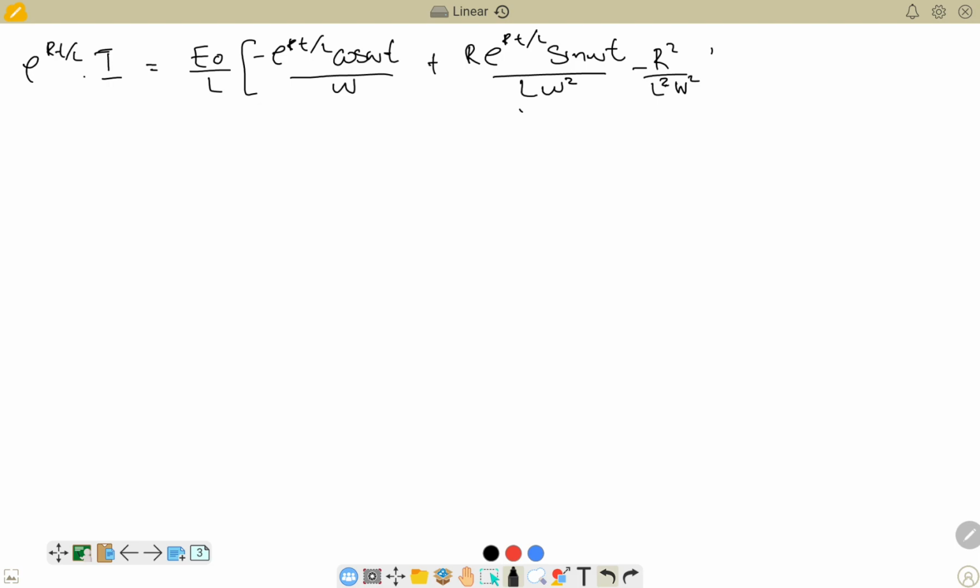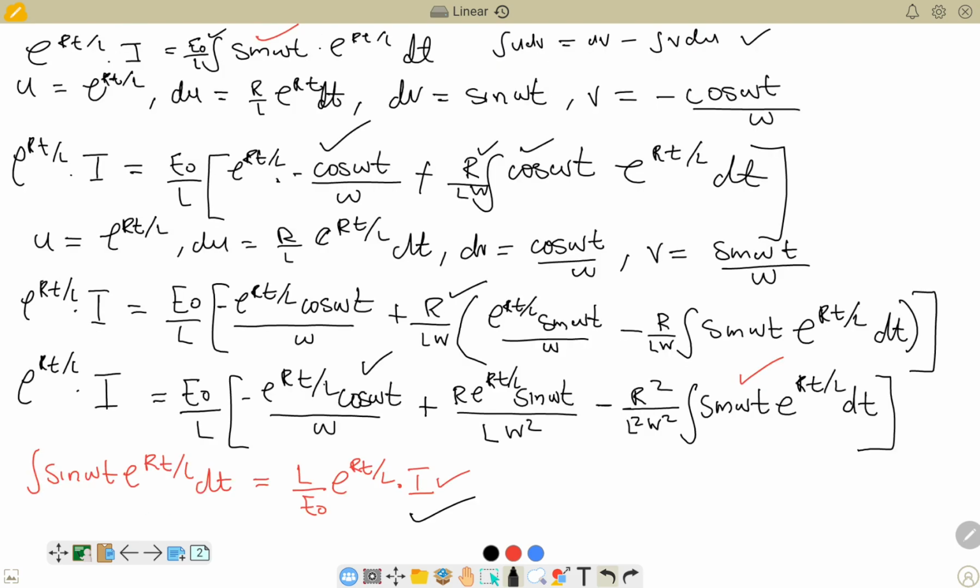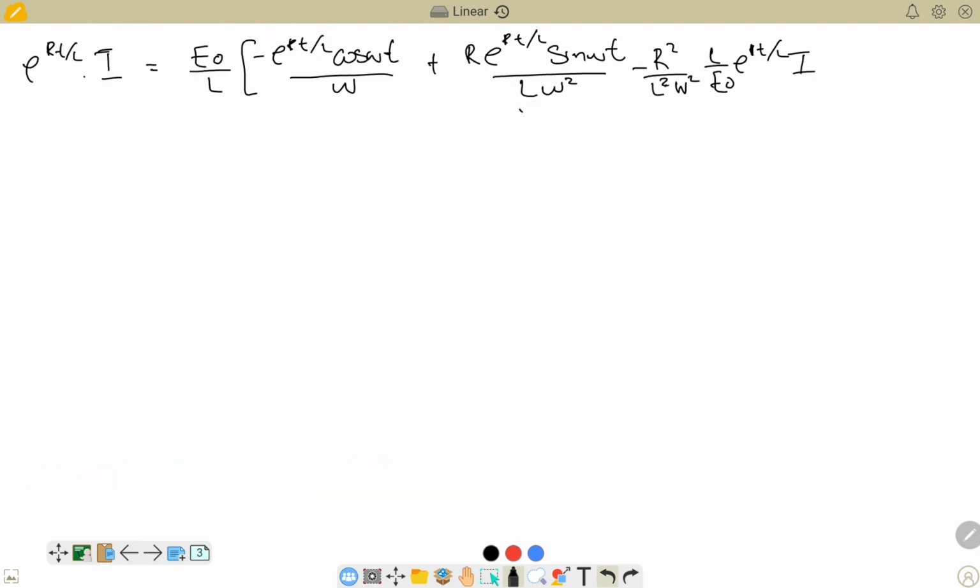So we're going to have L over e naught e to the power rt over L times I. We do not have the integral anymore. We have managed to get rid of the integral. So we are almost done. When it is like this, you can start to smile.